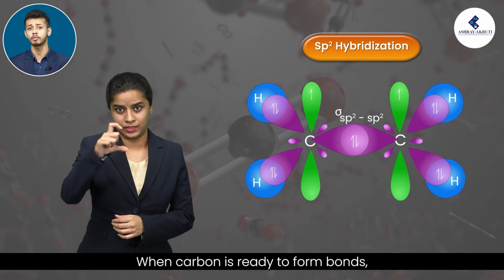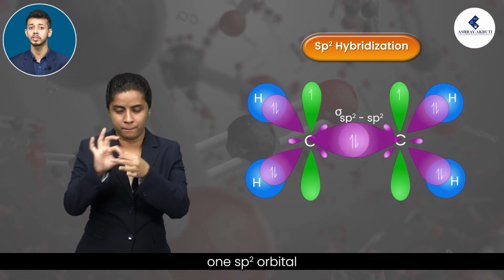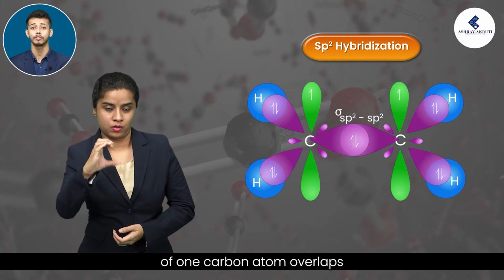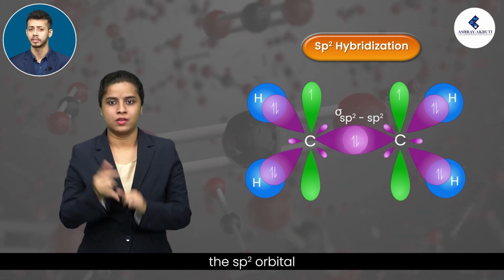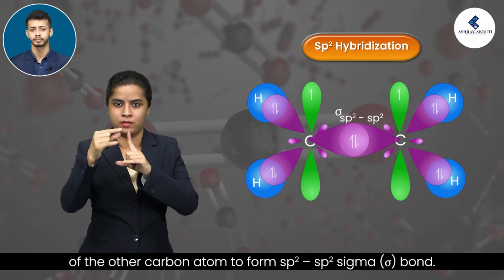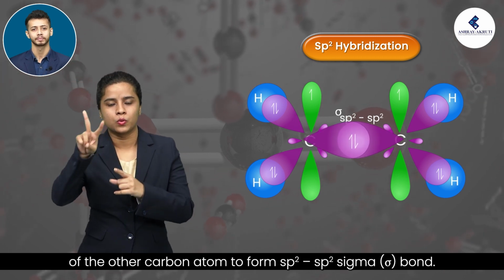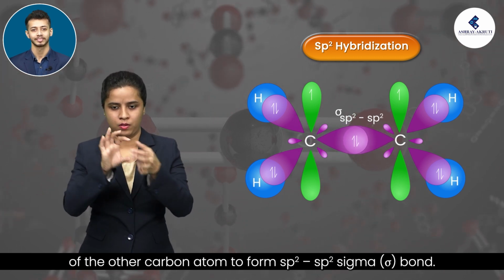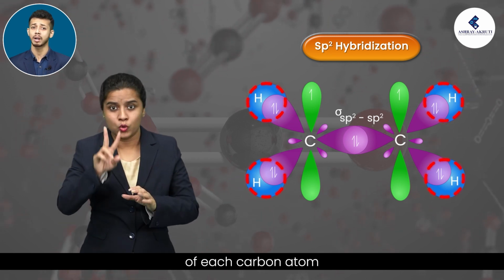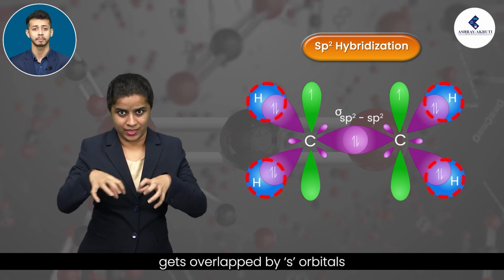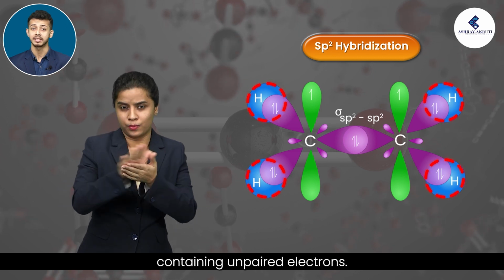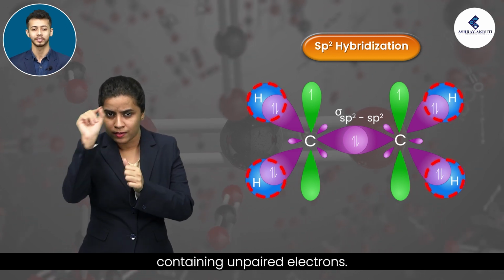When carbon is ready to form bonds, one sp2 orbital of one carbon atom overlaps the sp2 orbital of the other carbon atom to form an sp2-sp2 sigma bond. The remaining two sp2 orbitals of each carbon atom overlap with s orbitals of two hydrogen atoms containing unpaired electrons.